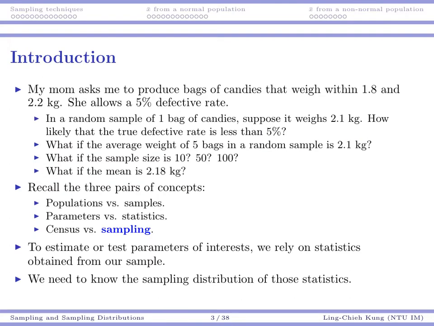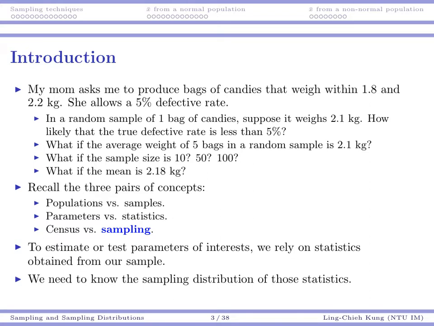So let's motivate this study with the candy example. As you know, my mom asked me to produce bags of candies. The weight should be within 1.8 and 2.2 kilograms. Suppose my mom hopes that the defective rate, the probability for each bag of candy to weigh more than 2.2 or less than 1.8 kilograms, would be lower than 5%.